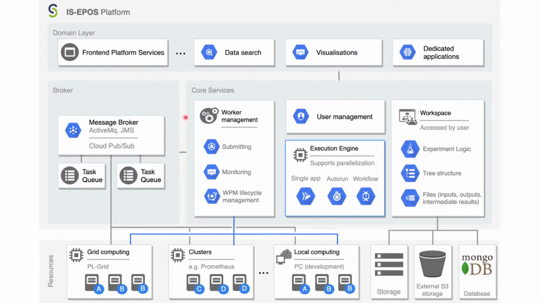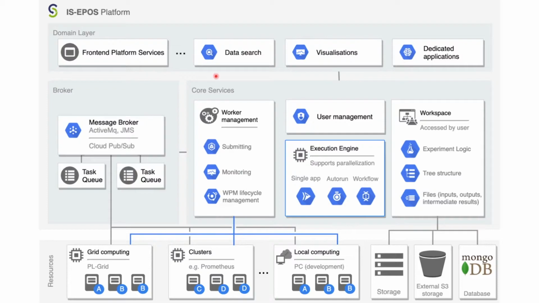There is a layer of core services with worker management, execution engine, which supports execution of single applications and complex workflows, and also the workspace, which is organized in a tree structure and represents experiment logic, as well as stores the files and applications.